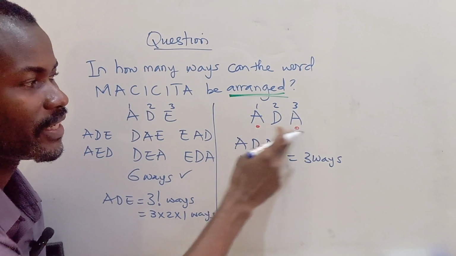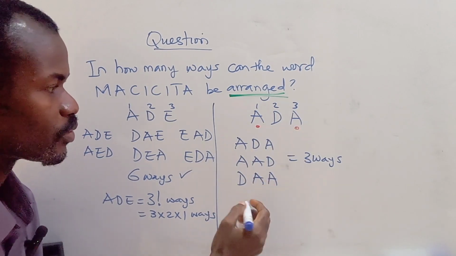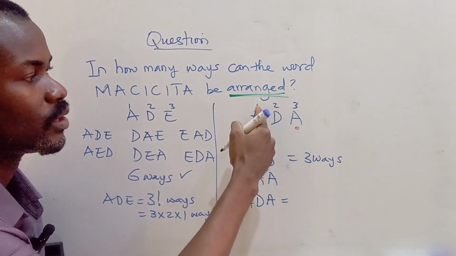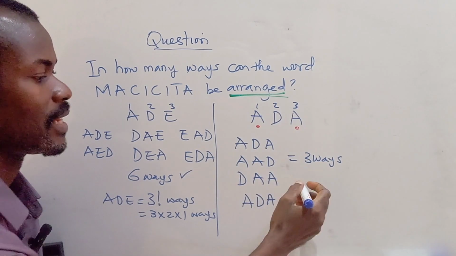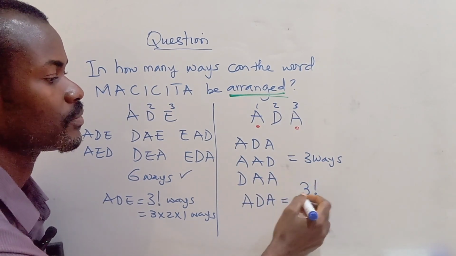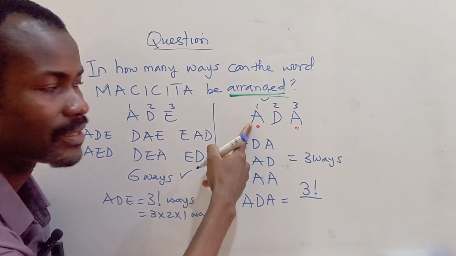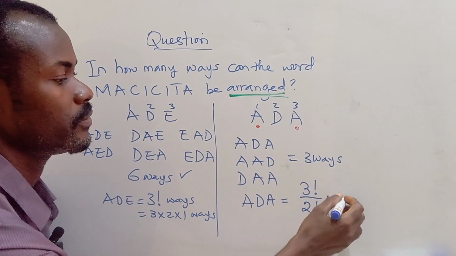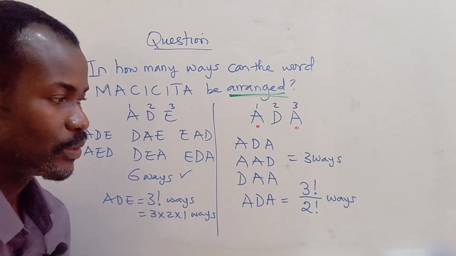Now for this, because A is repeating, to solve this we can say, since we have 3 letters, we have 3 factorial, but because A repeated twice, we divide by 2 factorial ways.